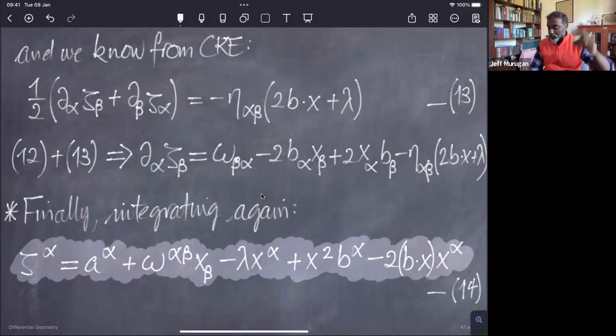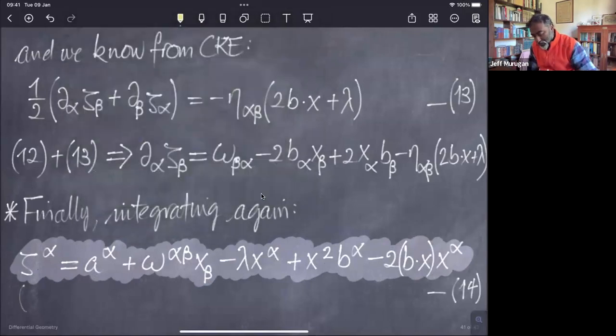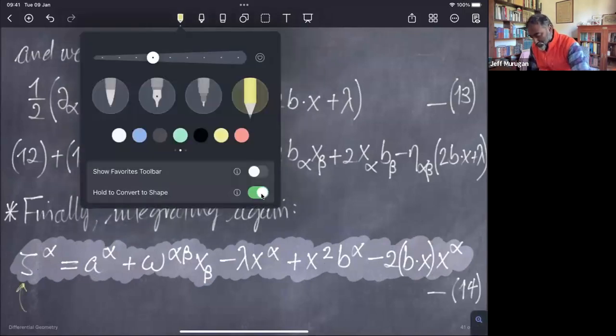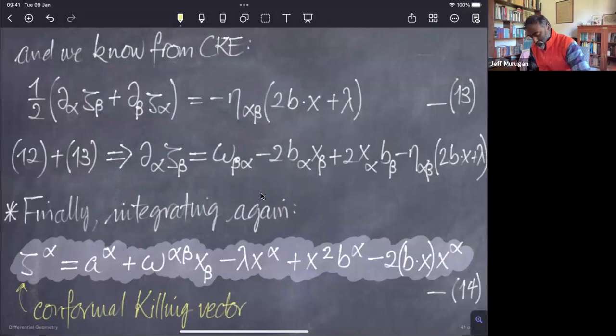So if we were trying to solve the conformal Killing equation, this is telling us about conformal symmetries. So this is called the conformal Killing vector, and it encodes information about the types of conformal transformations that are allowed.